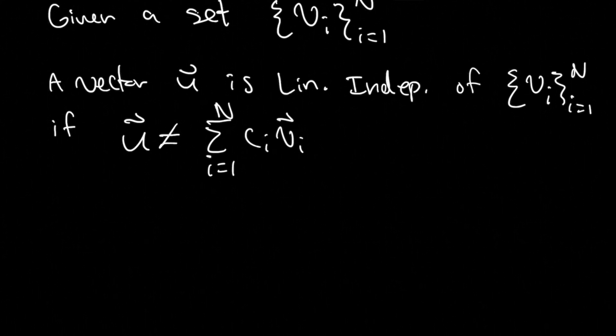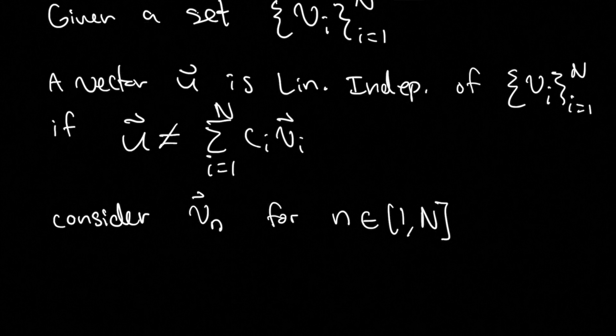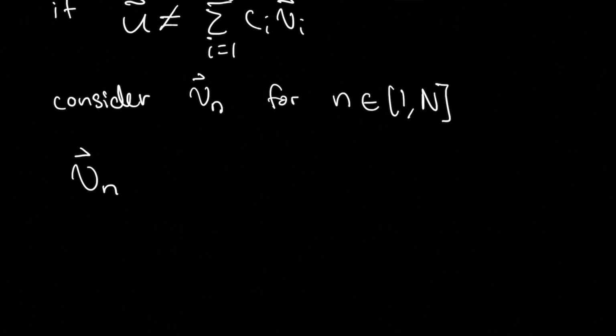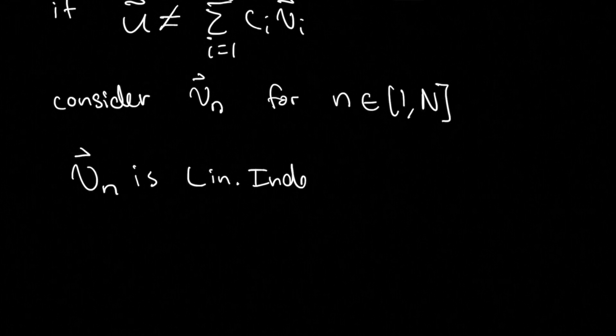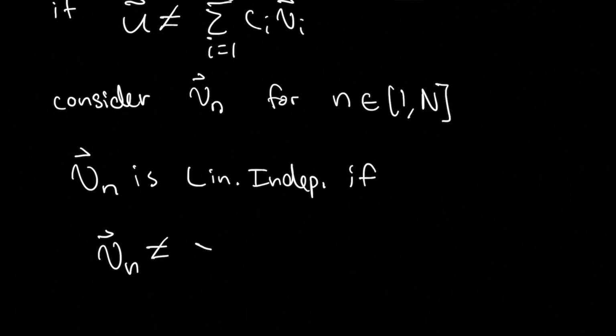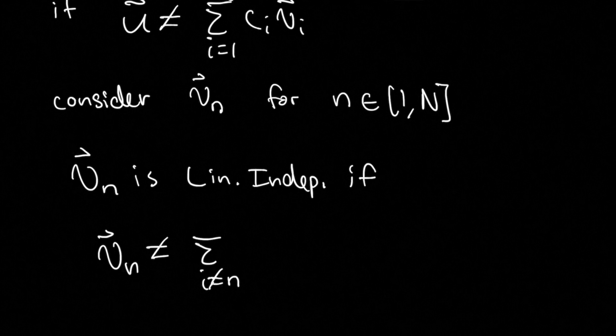So what that looks like is consider one of these vectors vn for n in 1 to capital N. vn is linearly independent if it can't be written as a linear combination over the other vectors.